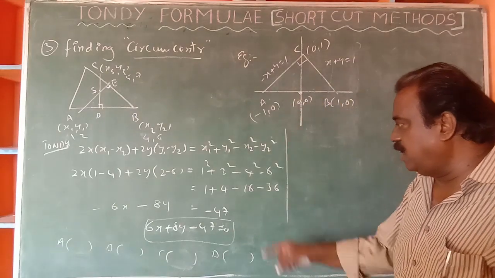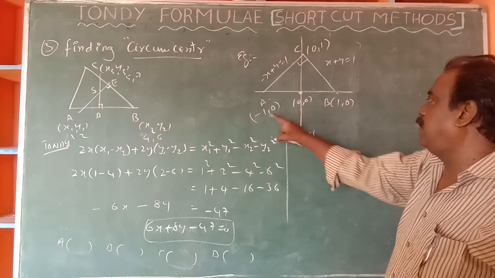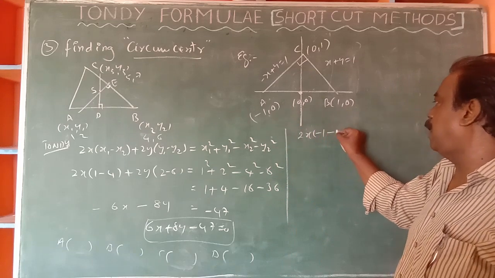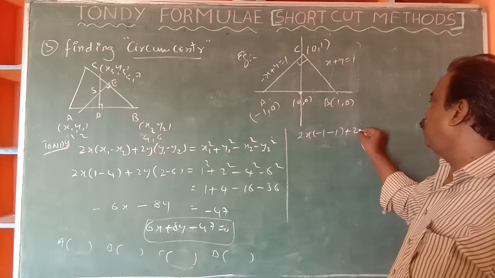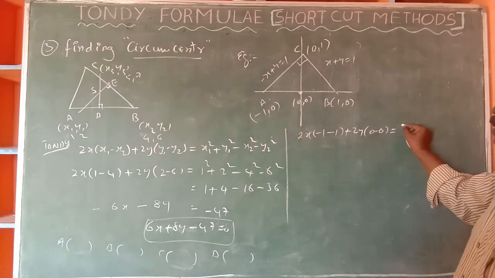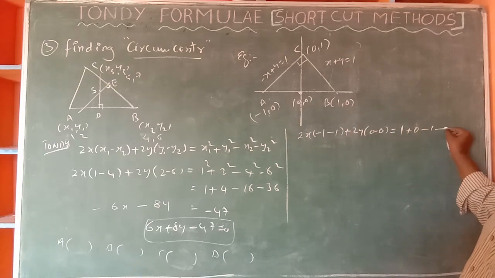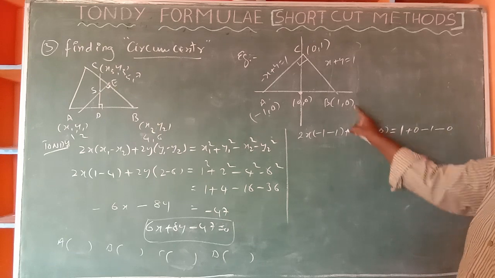But by using this Tondy method, it is 2x of (x1 minus x2), that is minus 1 minus 1, plus 2y of (0 minus 0) is equal to x1 square 1 plus 0 minus x2 square minus y2 square 0 square.